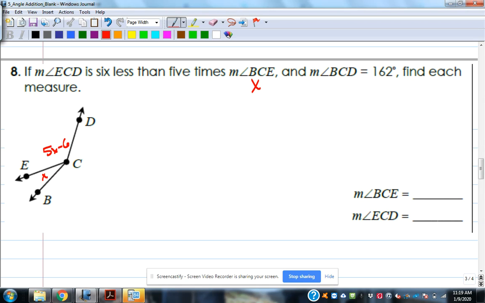Yeah, x plus 5x minus 6 equals 162, because you have to add the two small angles to get the big angle. So that's going to be 6x minus 6 equals 162. 6x equals 168.